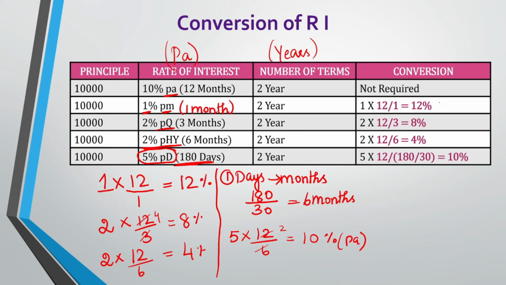So all these would be in the PA format because we have converted into the years format. So friends, remember that if it is given in the days format, our first step is we have to convert it into months and then the months would be converted to years.